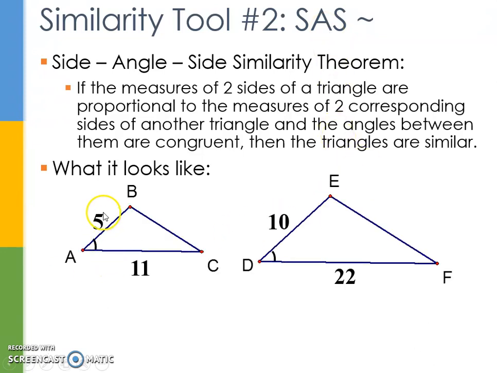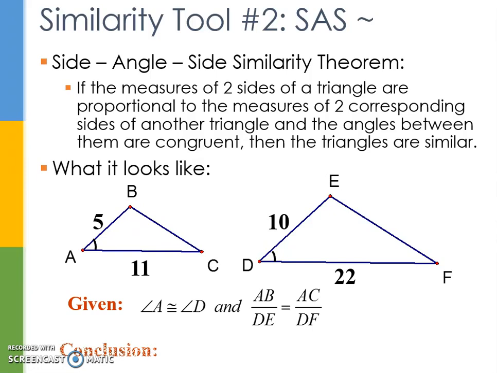If you have 5 and 10, 11 and 22, the scale factor is double. 5 times 2 is 10. 11 times 2 is 22. And the angle between these sides, so this is side, angle, side, side, angle, side. If they have a mark, that means they are congruent. Then you can conclude that these 2 triangles are similar.